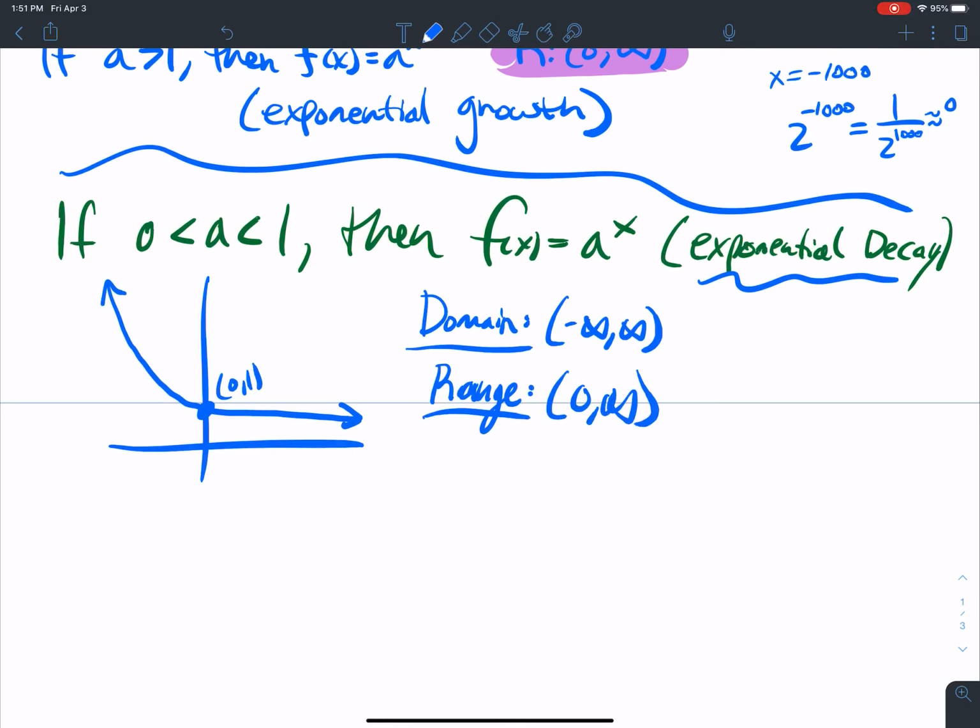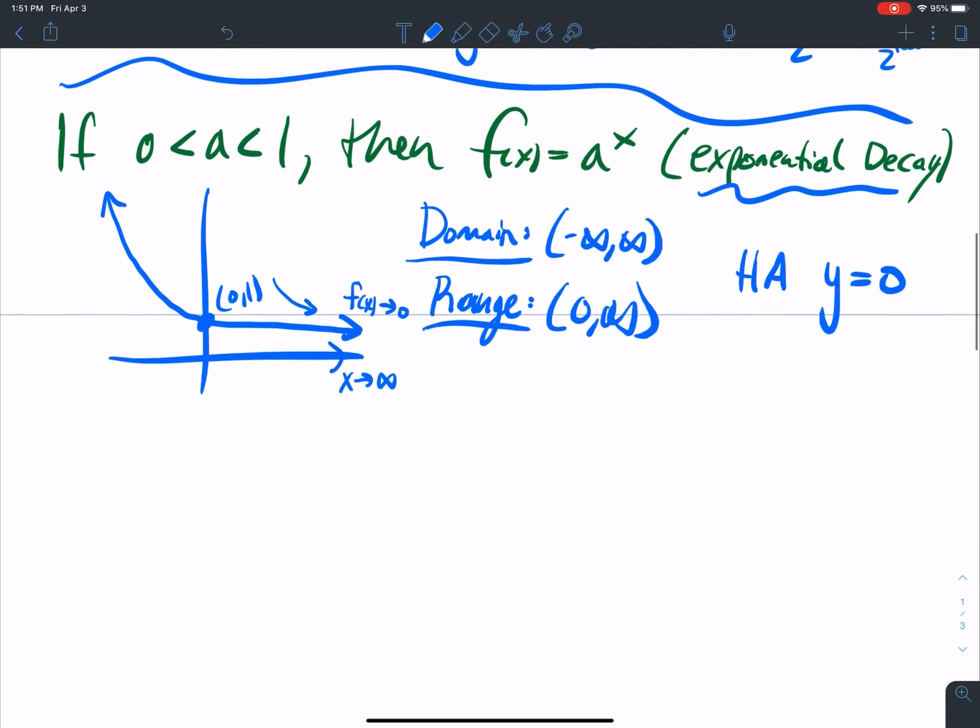It's just that instead of exponential growth, we're now decaying over time. As x increases, what's happening to my f of x? My f of x is going to 0 over time. So I still have a horizontal asymptote, y equal to 0.